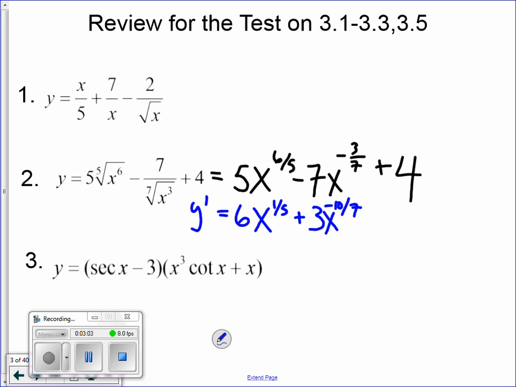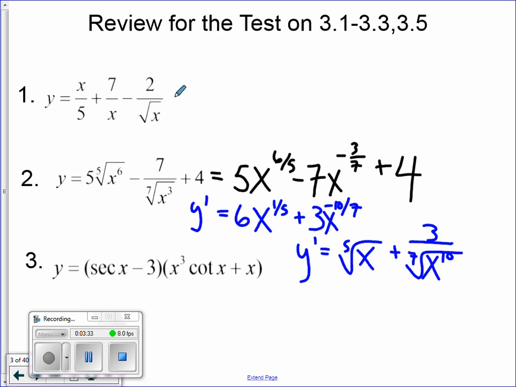If you wanted to write your answer without fractional and negative exponents, you could write y prime equals the 5th root of x plus 3 over the 7th root of x to the 10th. You could break that up and make it x times the 7th root of x cubed, but don't worry about that.